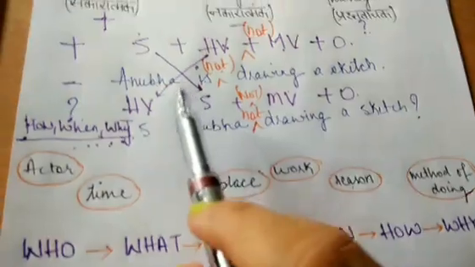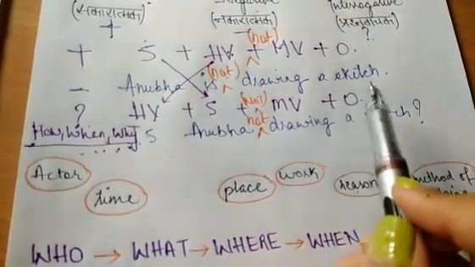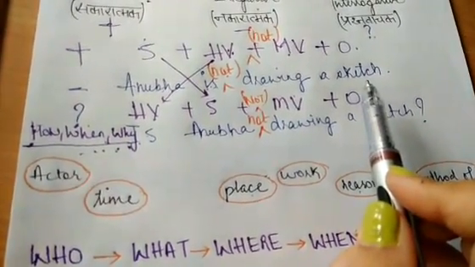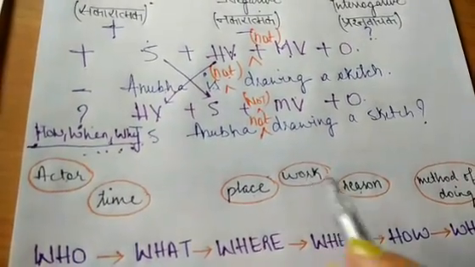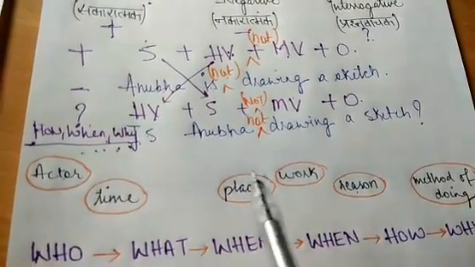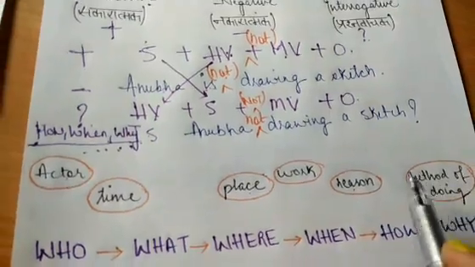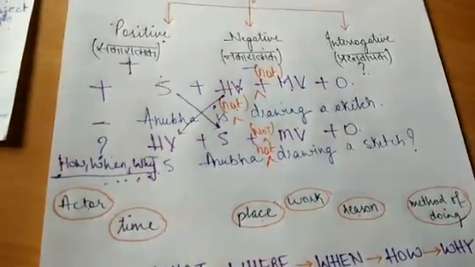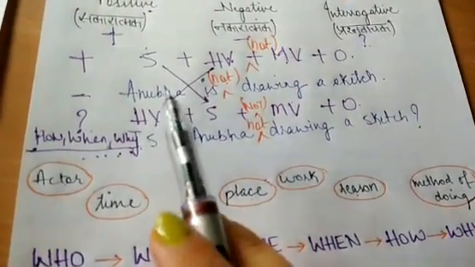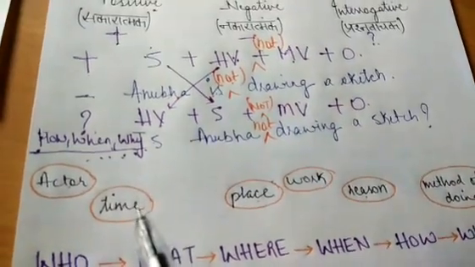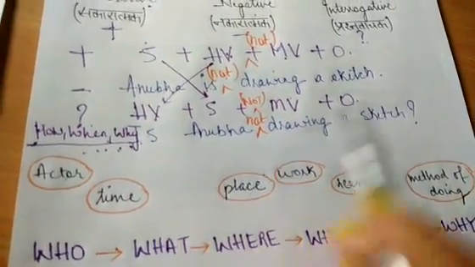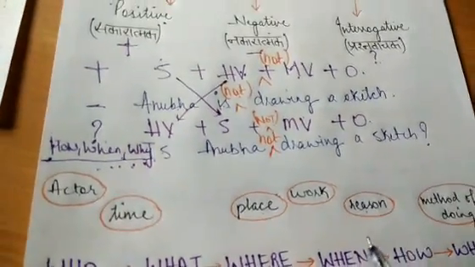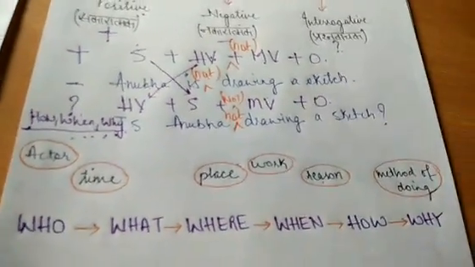Like I said, Anubha is drawing a sketch, but this is a very basic sentence that is describing only the actor and the work. I haven't described time, place, reason, or the method of doing. I may have to tell that she is drawing in the morning, or maybe she is drawing at her home. She is drawing because of her competition, and so on.